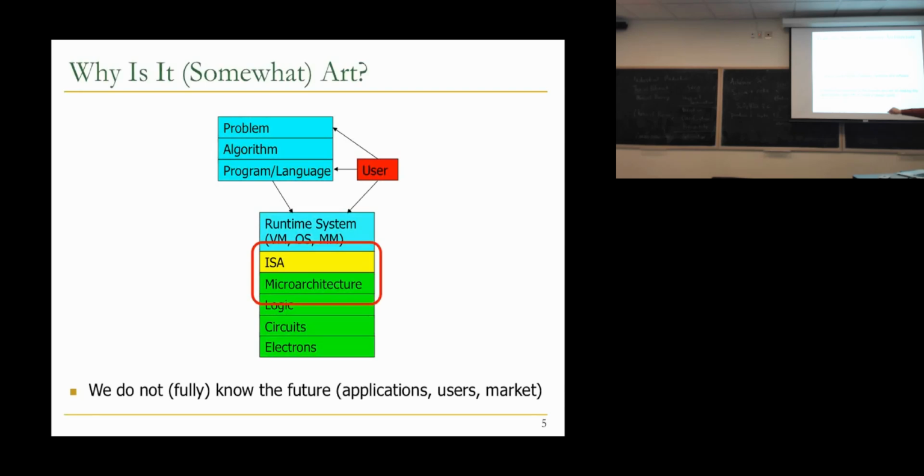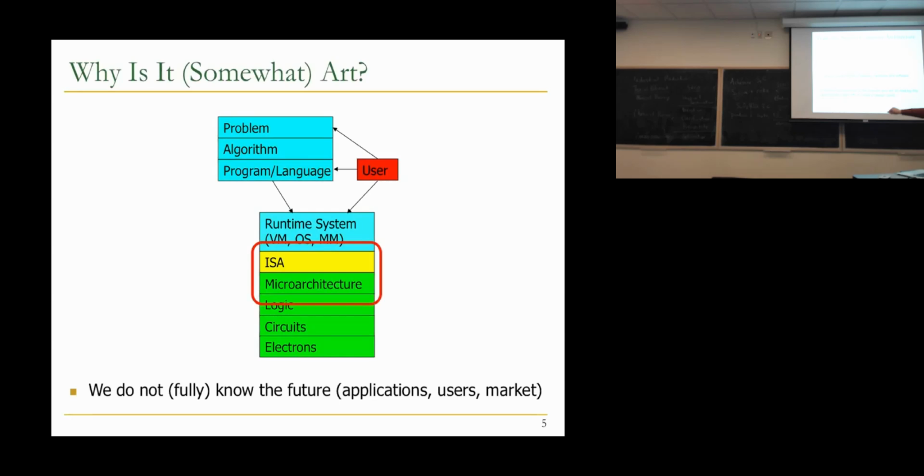I know it may be tough to swallow initially because we're doing engineering, right? We need to know the results of our decisions, but it's tough to do in this case because you're designing something for the future, right? And that future changes. Okay, and the users will change also.